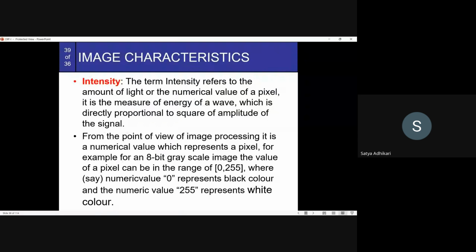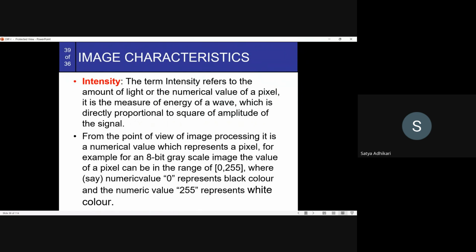It is a measure of the energy of a wave, which is directly proportional to the square of the amplitude of the signal. From the point of view of image processing, it is a numerical value which is representative of a pixel. It cannot be a fraction. It is an integer. It is not any real number.